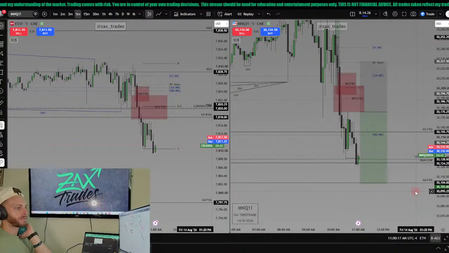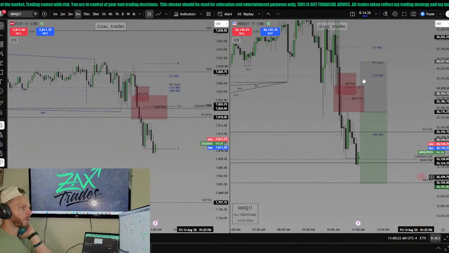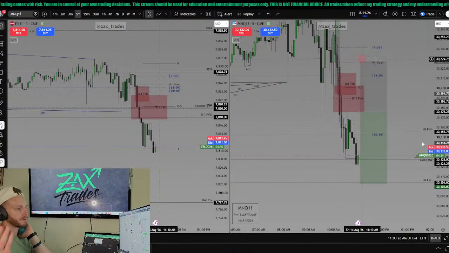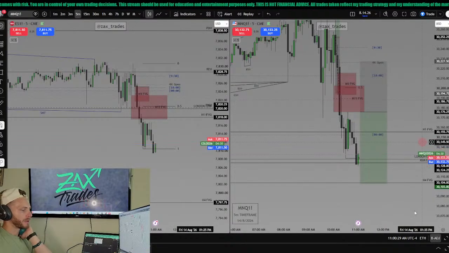I like that. I believe that this 4-hour candle is going to hit the 4-hour FVG before it's going to flip back to the upside, if it even flips back to the upside. I like that. And that gives me the 15-minute as defense.